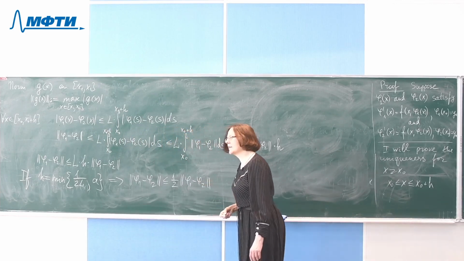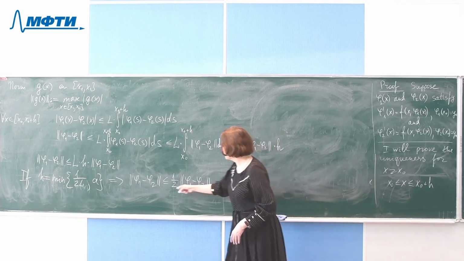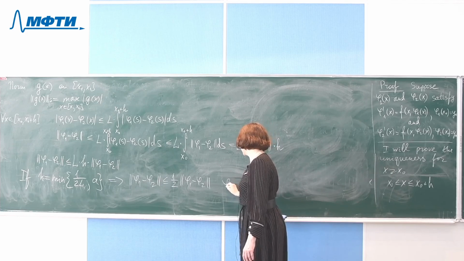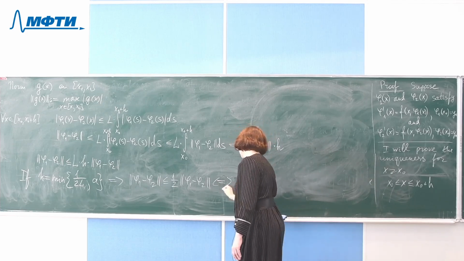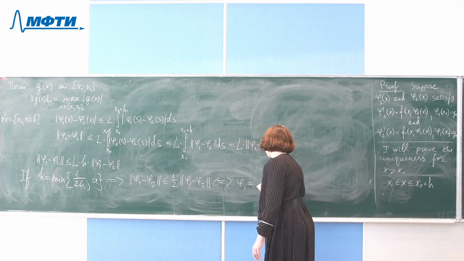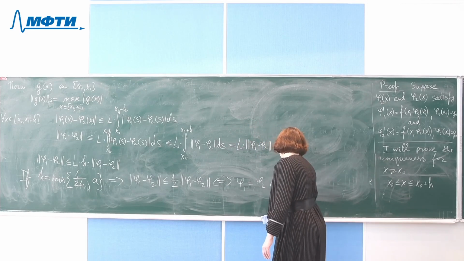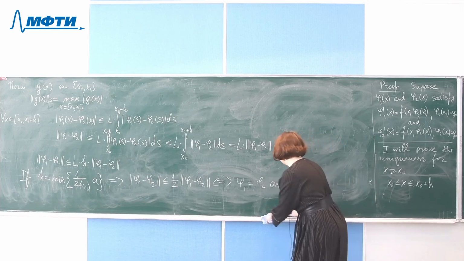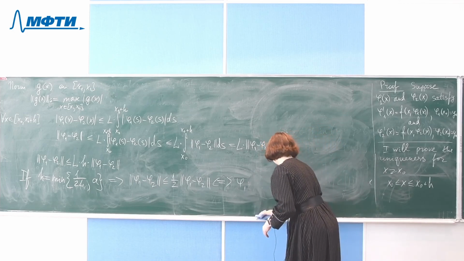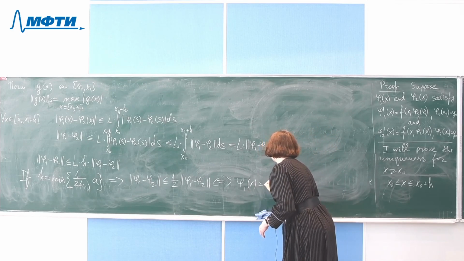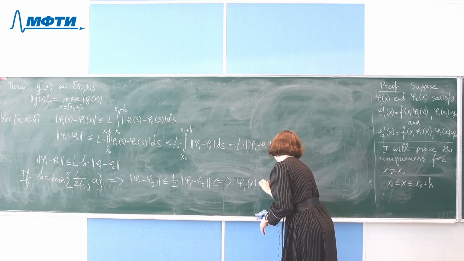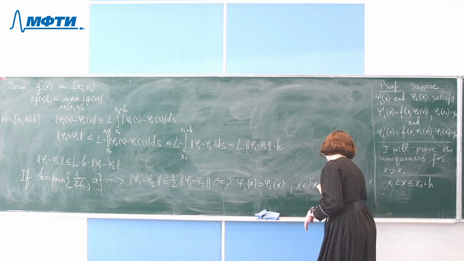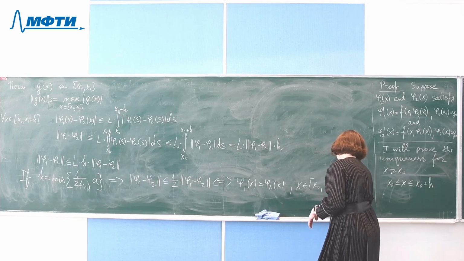And so this is a contradiction. So this inequality can be satisfied only if and only if phi1 equals phi2 for x belonging to the segment from x0 to x0 plus h.